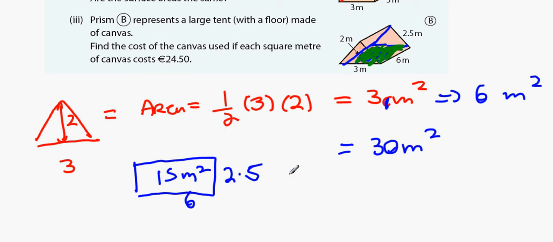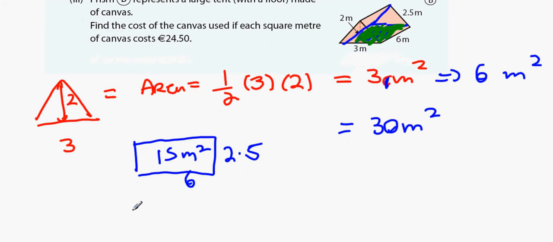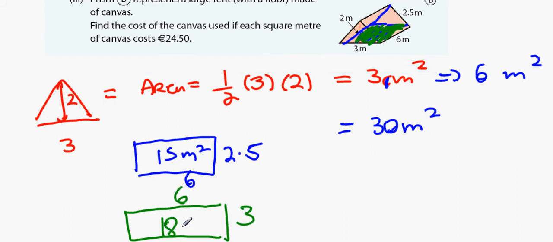It's going to be the biggest rectangle, so 3 by 6 gets us 18 meters squared. And there's only one of them, so it's plus 18. Now we're going to add all three together: 6 plus 30 plus 18 is 54 meters squared. So basically the triangle has a bigger surface area.